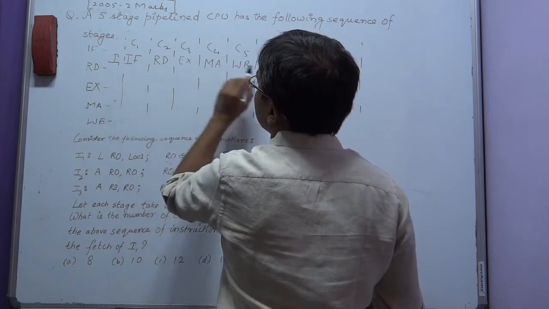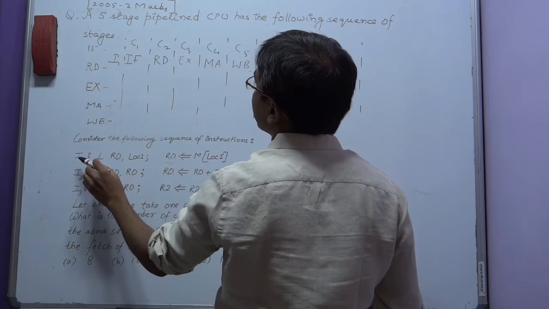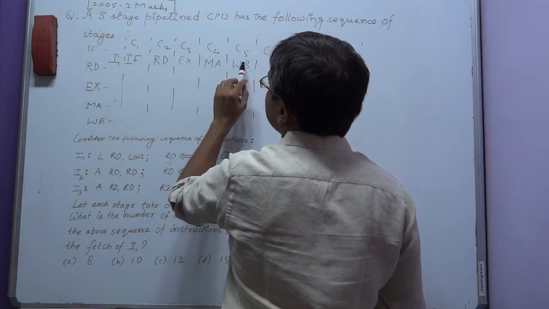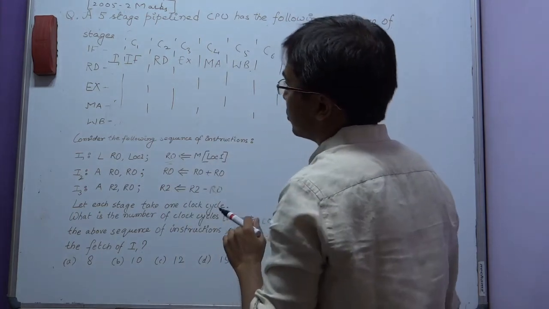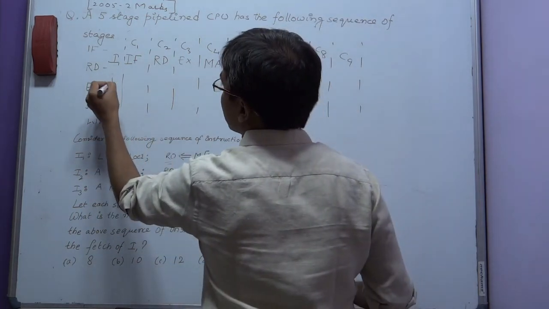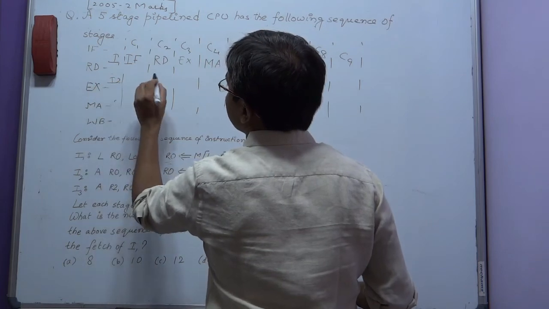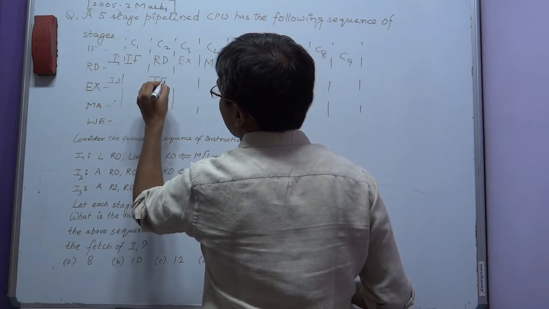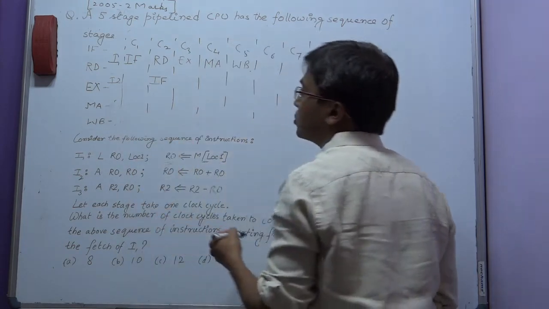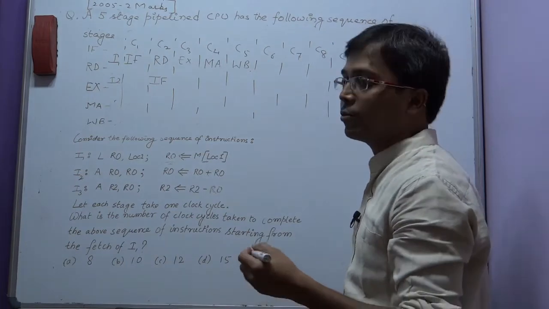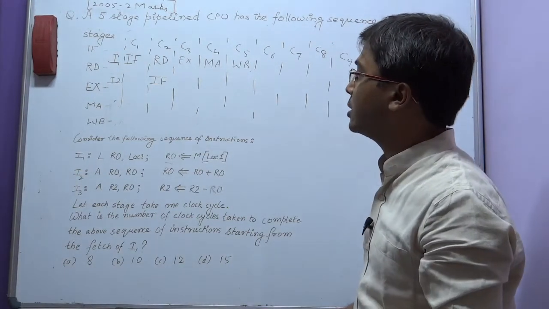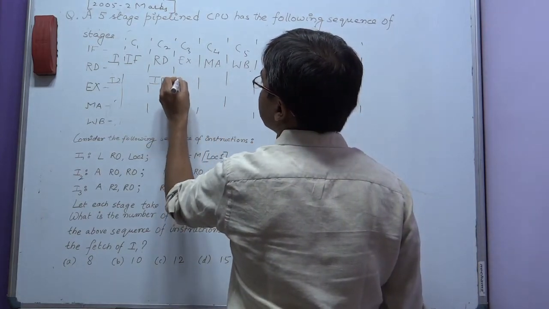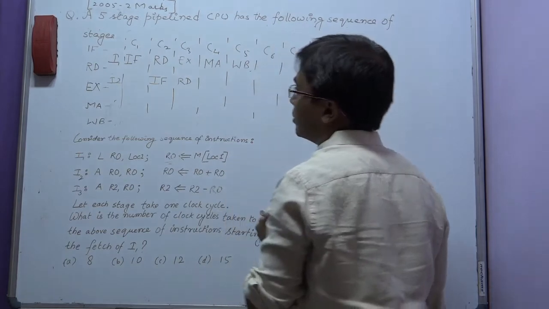So these are the 5 stages for instruction I1, and in C5 it would get completed and leave the pipeline. What about instruction I2? Instruction I2's instruction fetch would occur here without any issue, and as we are using operand forwarding, its register read and instruction decode can also occur in C3 without any problem.